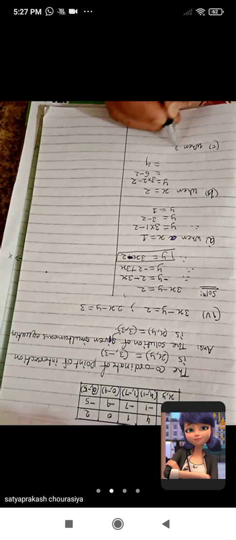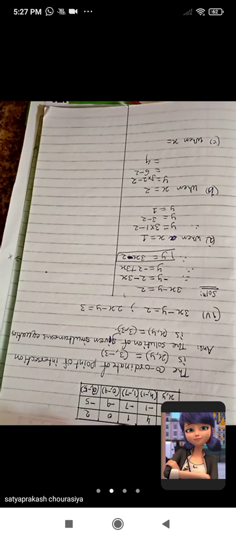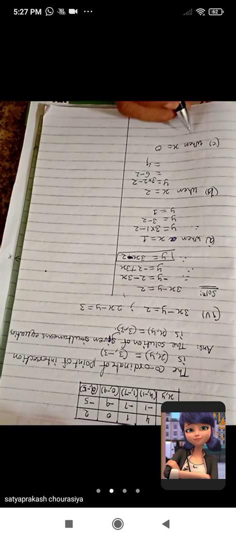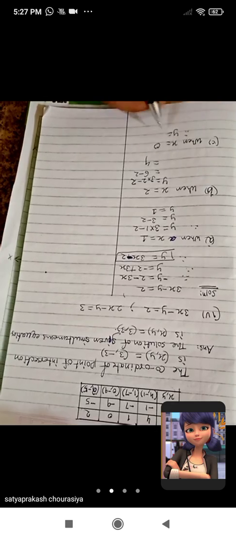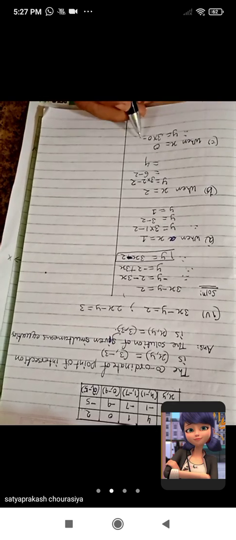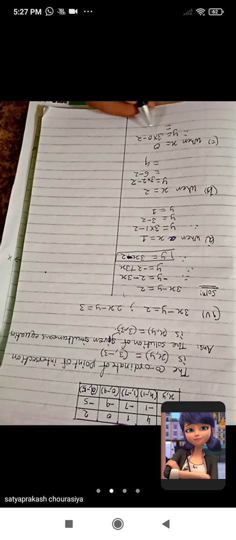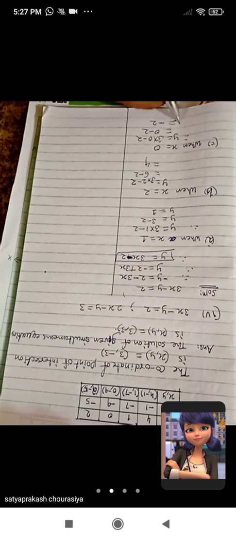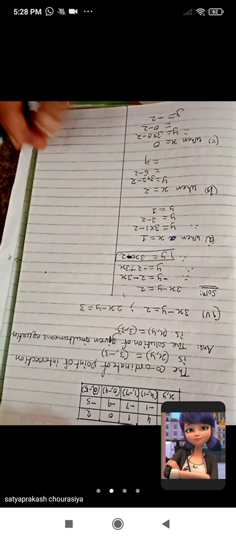Suppose x is equal to 0, so y is equal to 3 into 0 minus 2. 3 into 0 is 0, 0 minus 2 is minus 2, so the y value is minus 2.